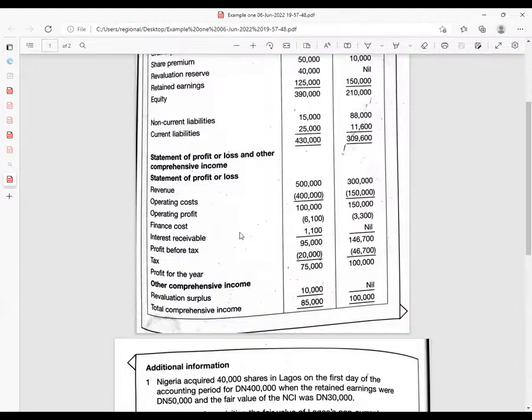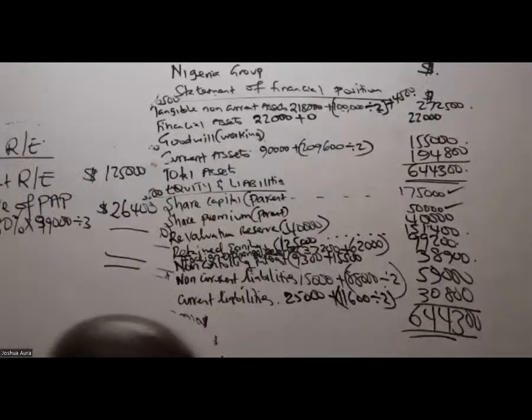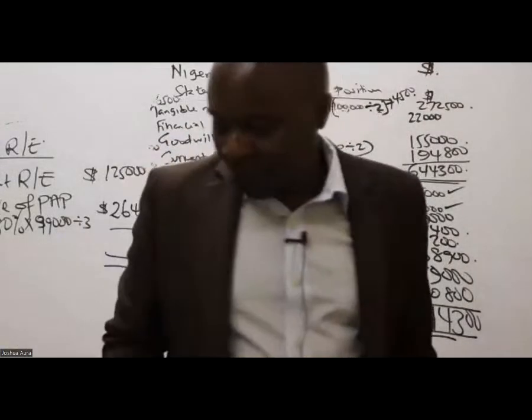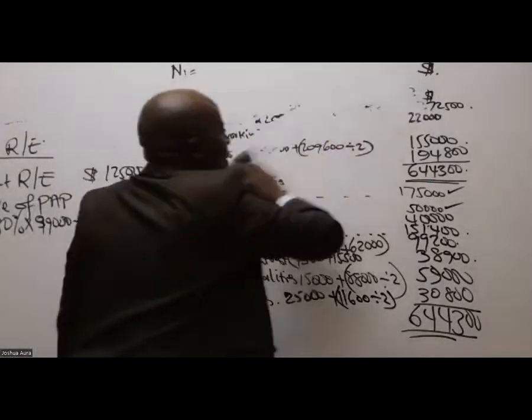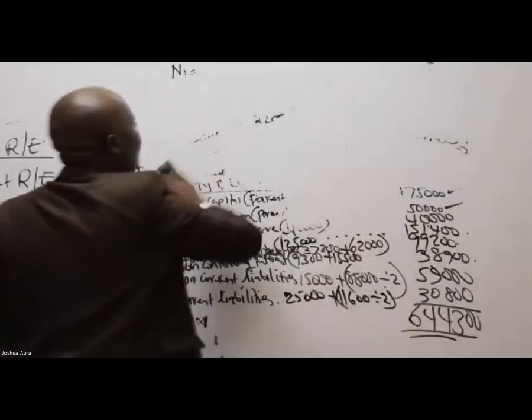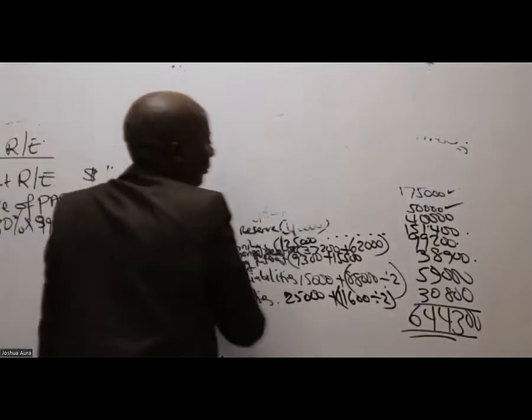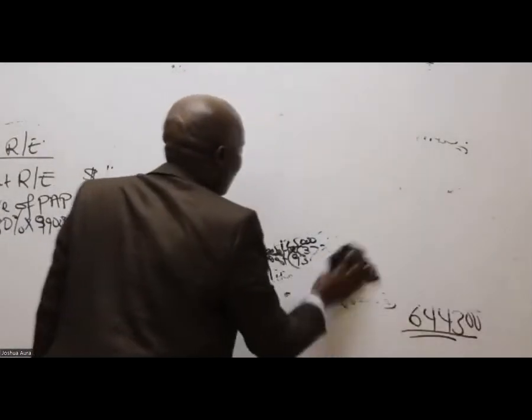So what I'll do is to write the name first. We write the name of the group. The group is called Nigeria. So it's Nigeria group.